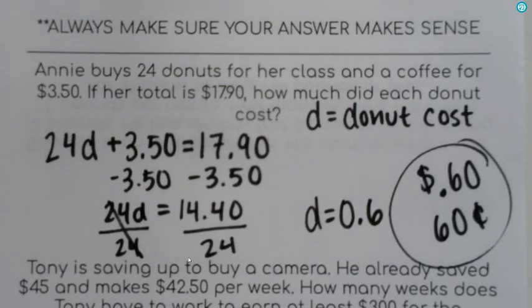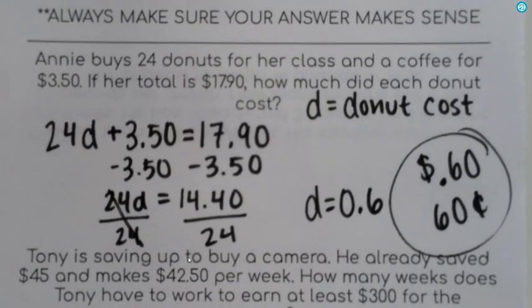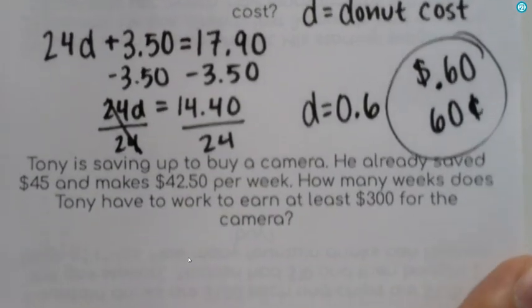Hey, any questions on that one? Okay. And does that make sense? 60 cents for a donut? Is that reasonable-ish? It's a pretty good deal, but I feel like Dunkin', they're like $1 each.